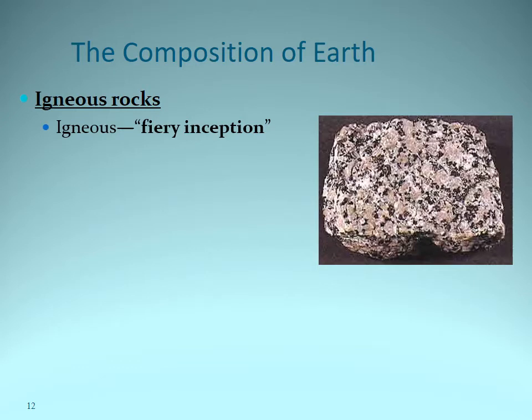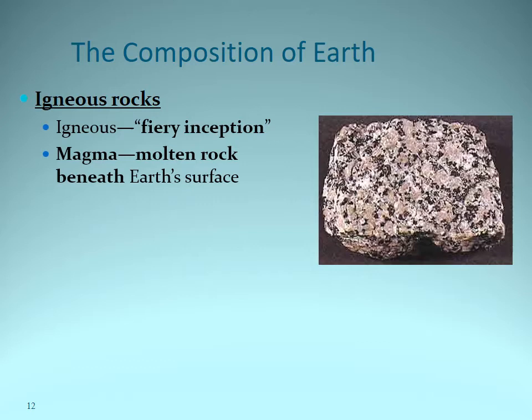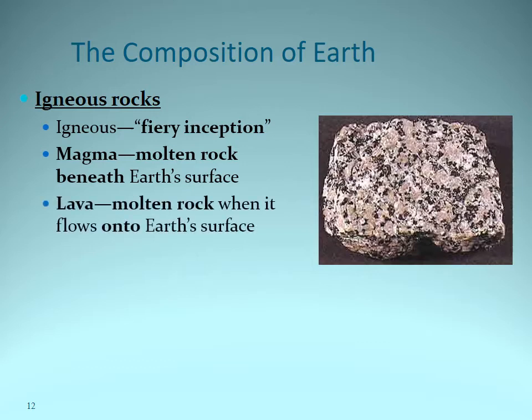Igneous actually means fiery inception, and they come directly from volcanoes. Magma is basically liquid rock that is beneath the surface, but we call it lava when it's on top of the surface. So when lava becomes rock or when magma becomes rock, we have igneous rock.